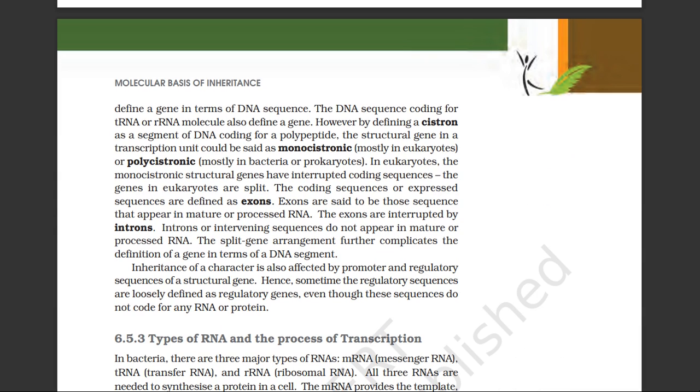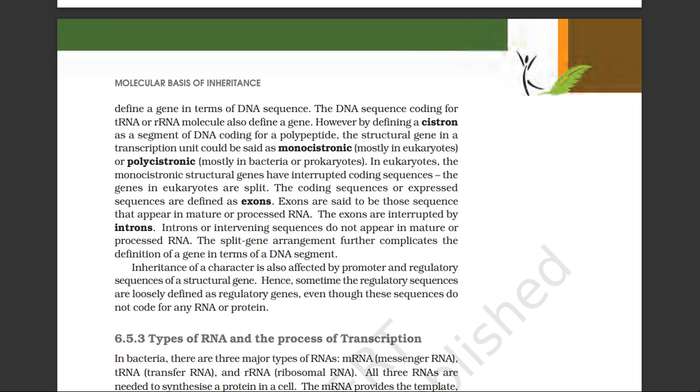However, by defining a cistron as a segment of DNA coding for a polypeptide, the structural gene in a transcription unit could be said to be monocistronic, mostly in eukaryotes, or polycistronic, mostly in bacteria or prokaryotes.